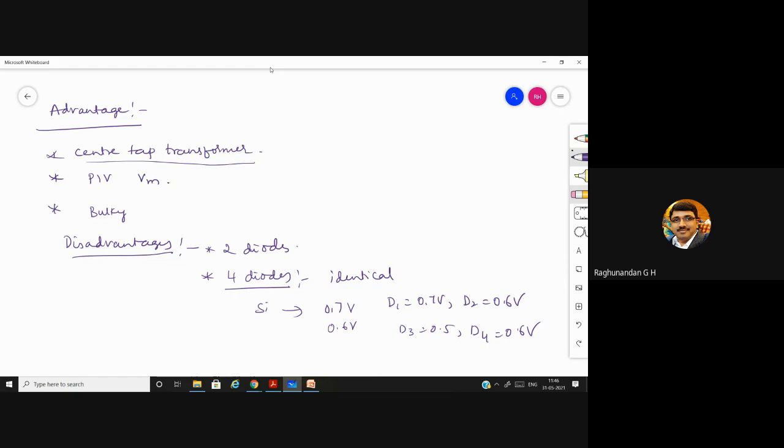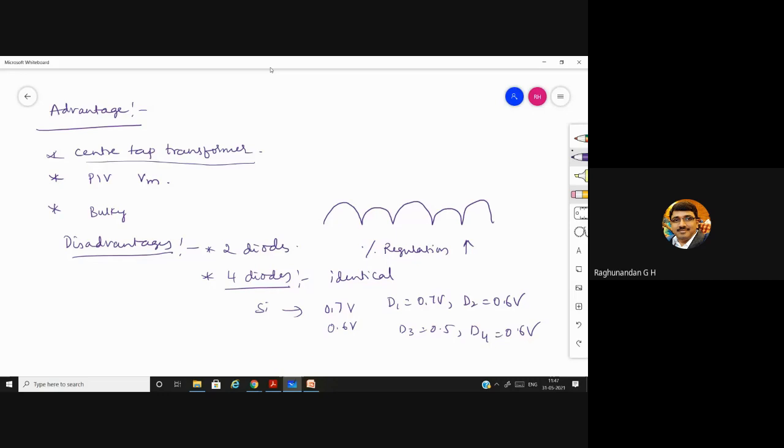If they mismatch, the same thing will happen as I told in the center tap transformer case, and the output will become distorted like this. Because of this variation, the percentage regulation will increase. The usually preferred percentage regulation is 1 to 2%, but if this happens, the variation will be more, and automatically the regulation will increase.